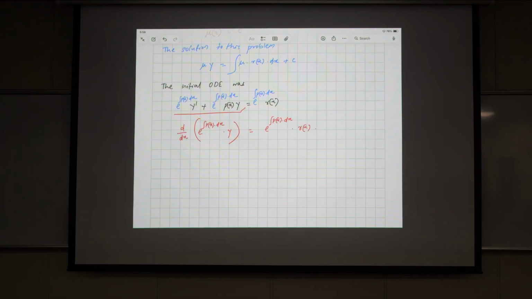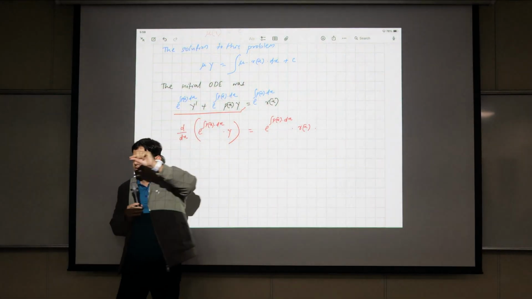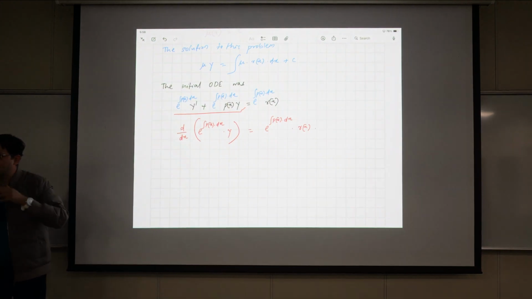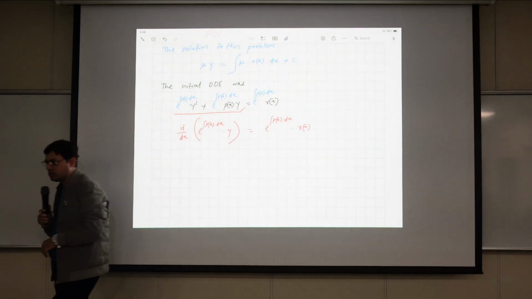Are you following me? If you have any confusion, you can ask me. Why did I write this? Because we have the integrating factor we found. We just multiply the integrating factor on both sides of the equation.